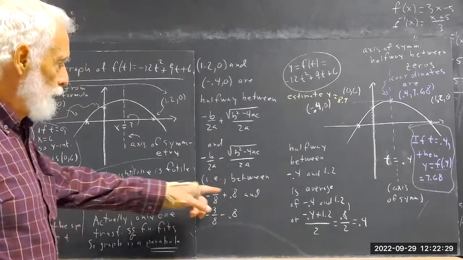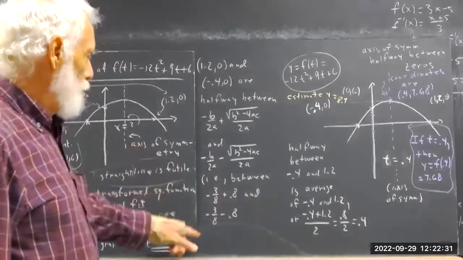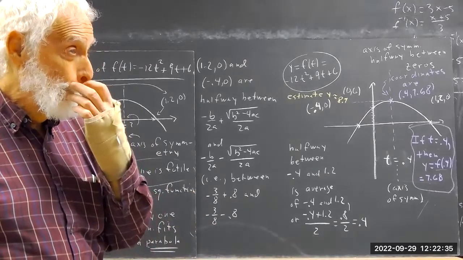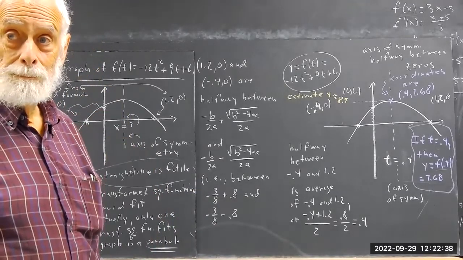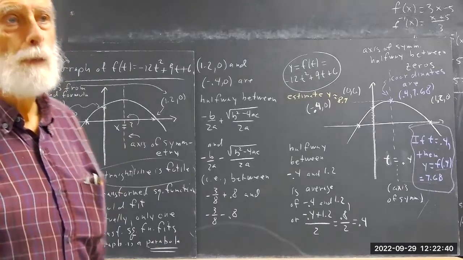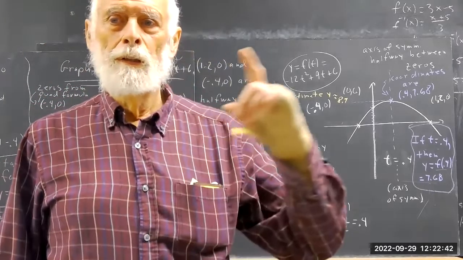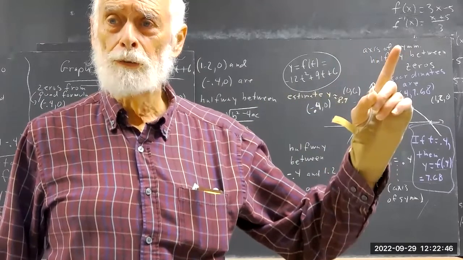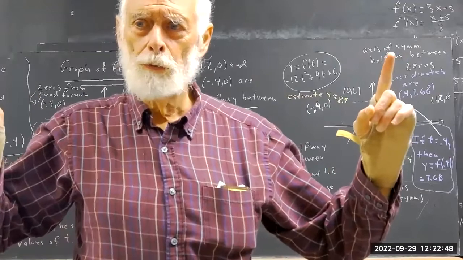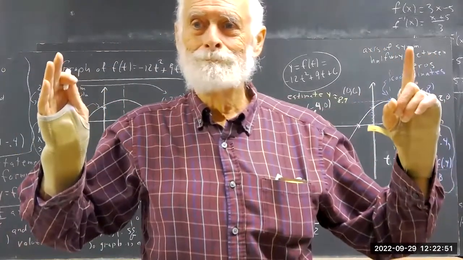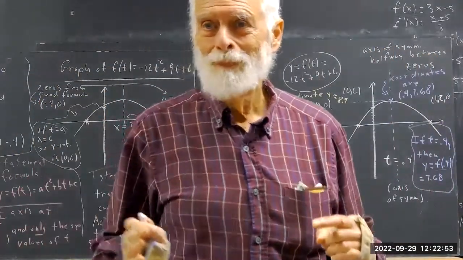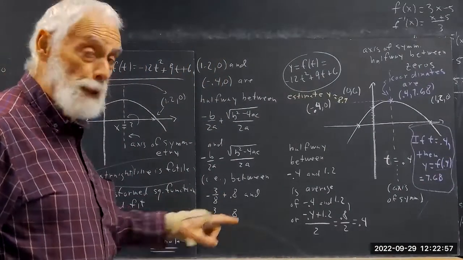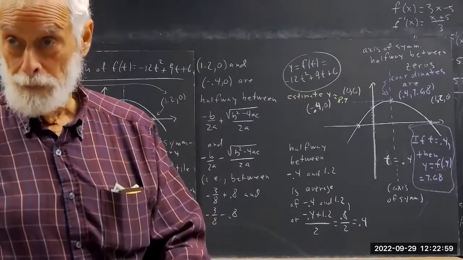What's halfway between negative 3/8 plus 0.8 and negative 3/8 minus 0.8? What's halfway between 14 inches to the left of my nose and 14 inches to the right of my nose? My nose. Halfway between negative 3/8 plus 0.8 and negative 3/8 minus 0.8 is negative 3/8.